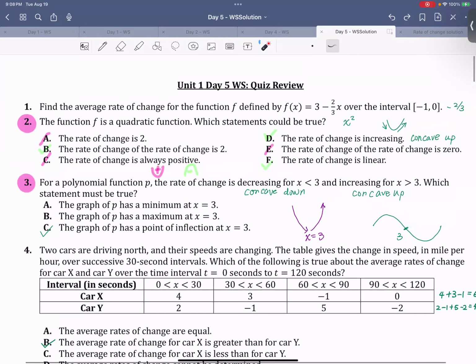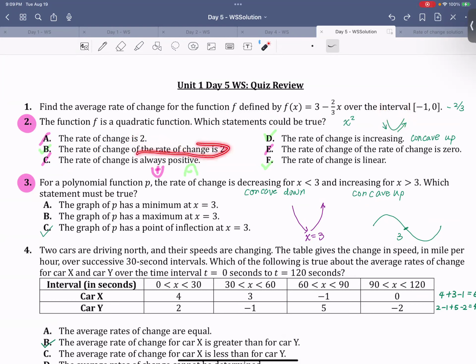Number 2 is a tricky one. F is a quadratic function, and they ask which statement is true. They said the rate of change. For a quadratic function, the rate of change is a changing one. You don't have a constant rate of change, so this is the crazy wrong.